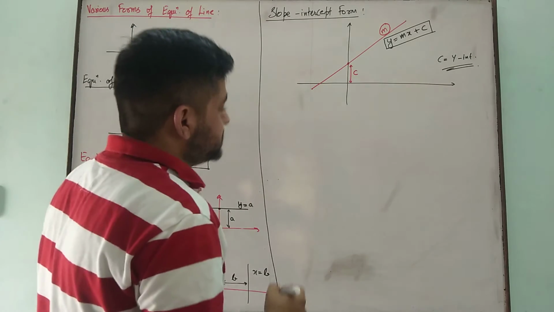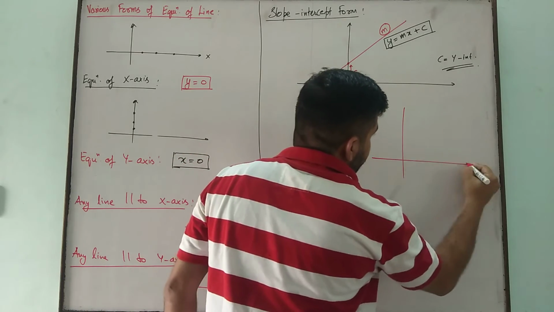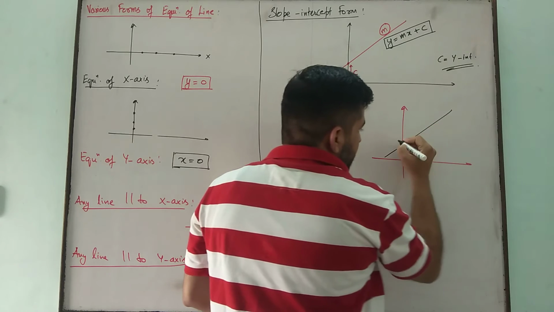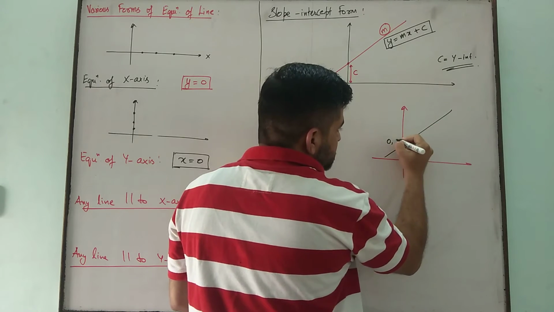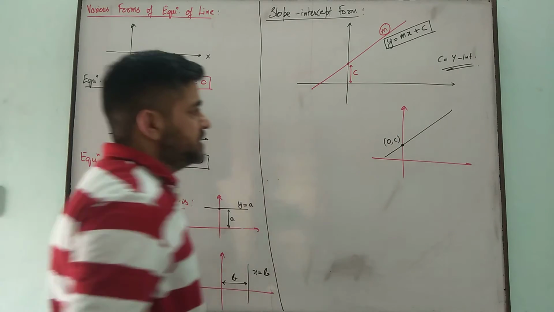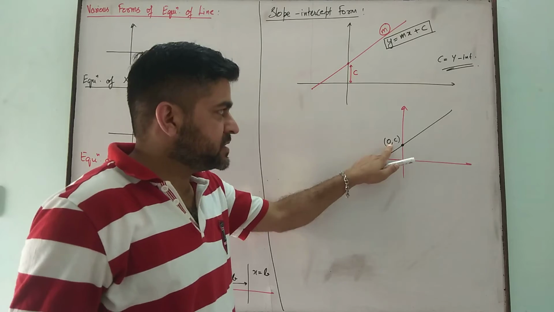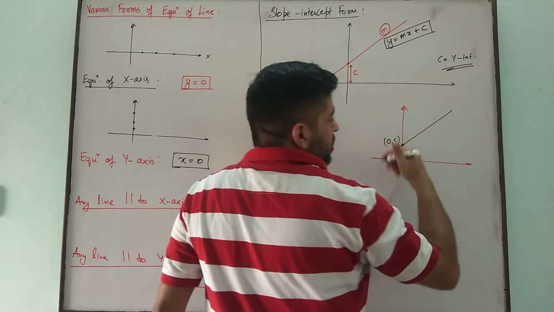See how it comes. This is the line. If this is at a c distance, you can say the point is (0, c). At y-axis, x is always 0. So this is (0, c).